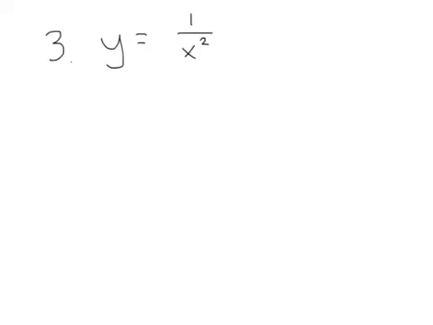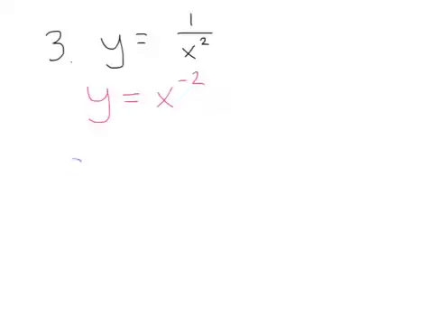Okay, now we have this one. So this one's a fraction. So you might be saying to yourself, what in the world do we do when there's a fraction? Well, this is another one of those tricks where it can be written y equals x to the -2. So you might remember from algebra that whenever you add a negative to the exponent, it flips it over that fraction bar. So y equals x to the -2 is the exact same thing as y equals 1 over x squared.